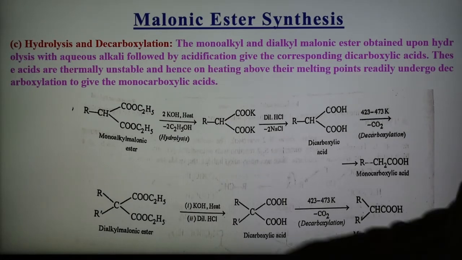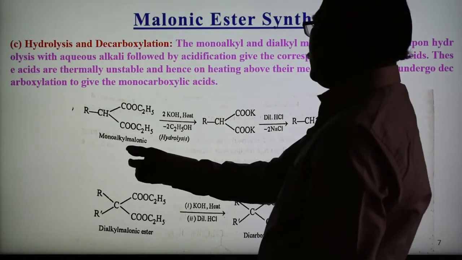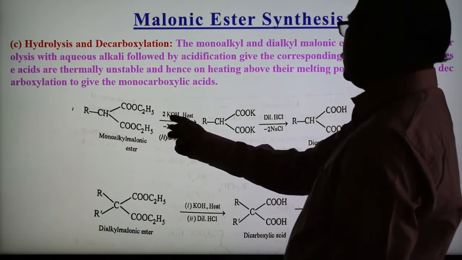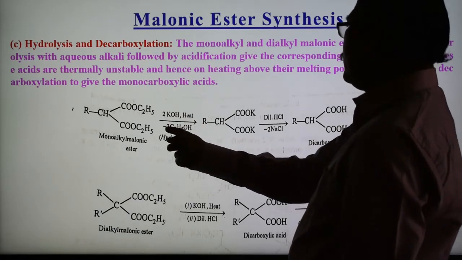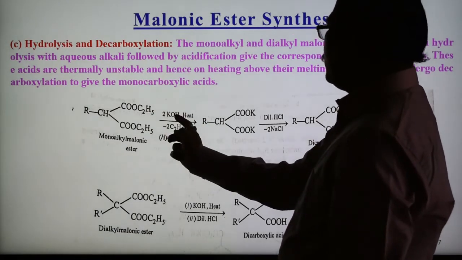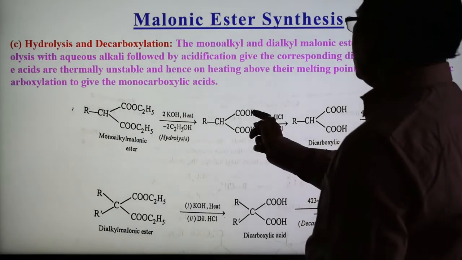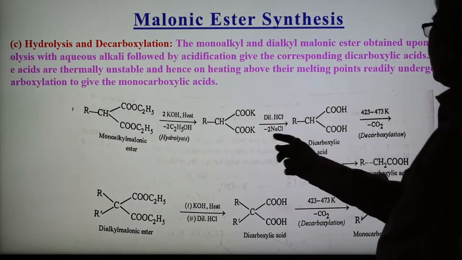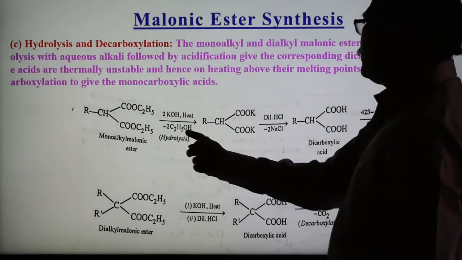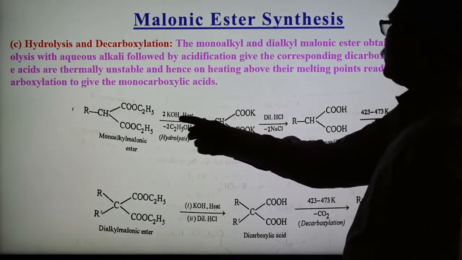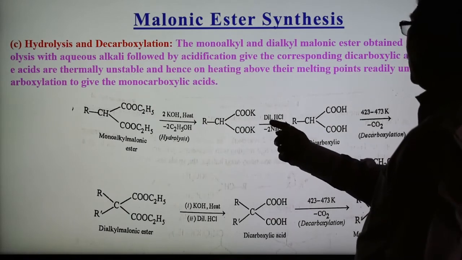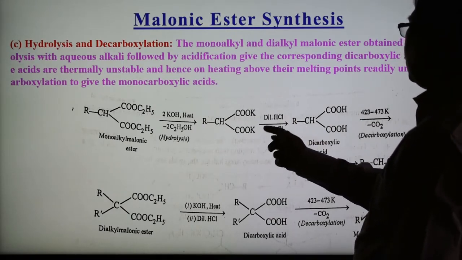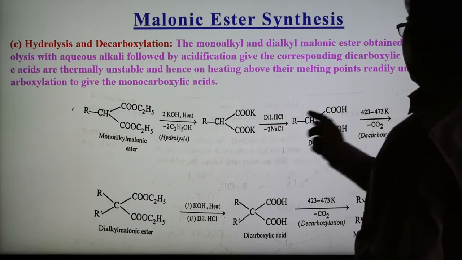The monoalkyl malonic ester reacts with KOH and heat, the OC2H5 groups are replaced, two potassiums come in, and two molecules of C2H5OH are released. After hydrolysis with KOH, we get K here, and acidification with two molecules of HCl replaces the K, giving two KCl and two H.